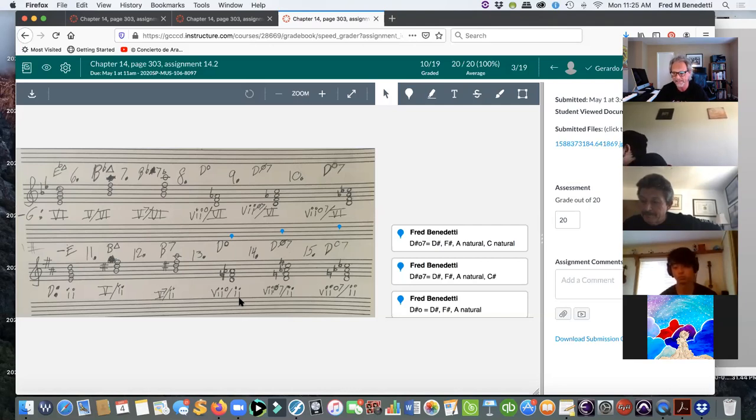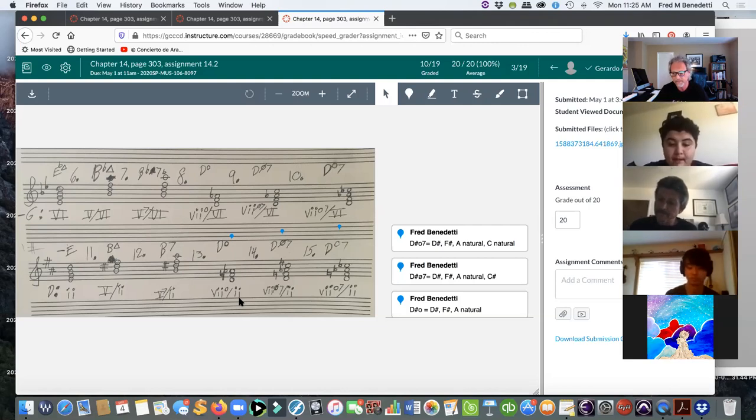G flat. A flat. Be careful. No. F. Okay. E flat. D. D, correct. E major or E. D sharp. D sharp, right.